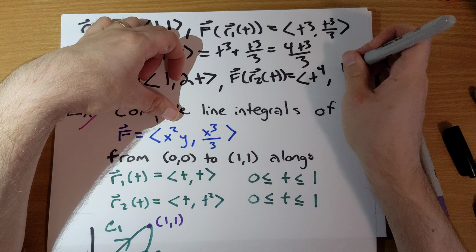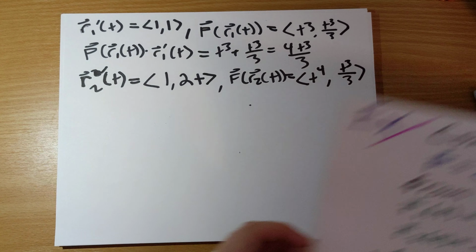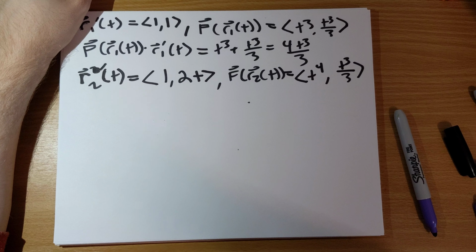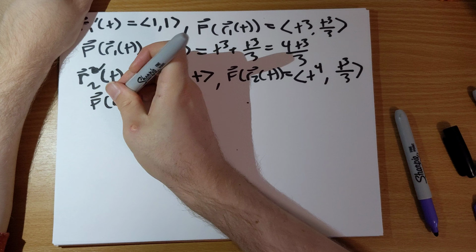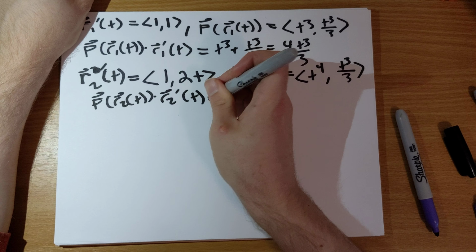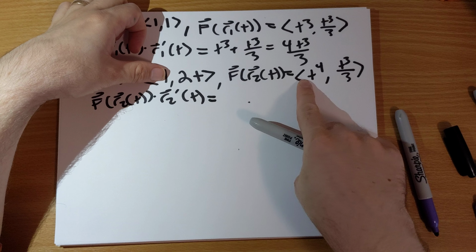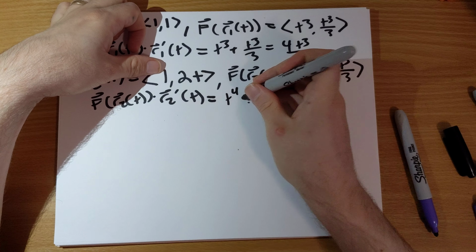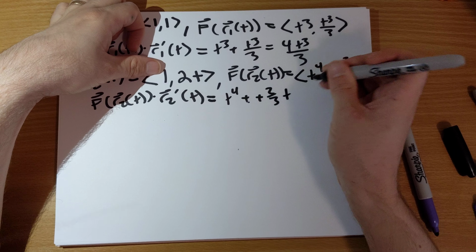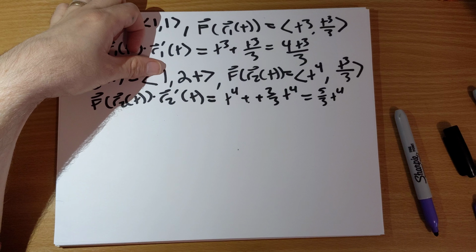And we still have t cubed over 3. So we also need f of R2 of t dot R2 prime of t, which is this dot this. This will give us t to the 4th plus 2t times t cubed over 3, which is plus 2/3 t to the 4th. So this is 5/3 t to the 4th.